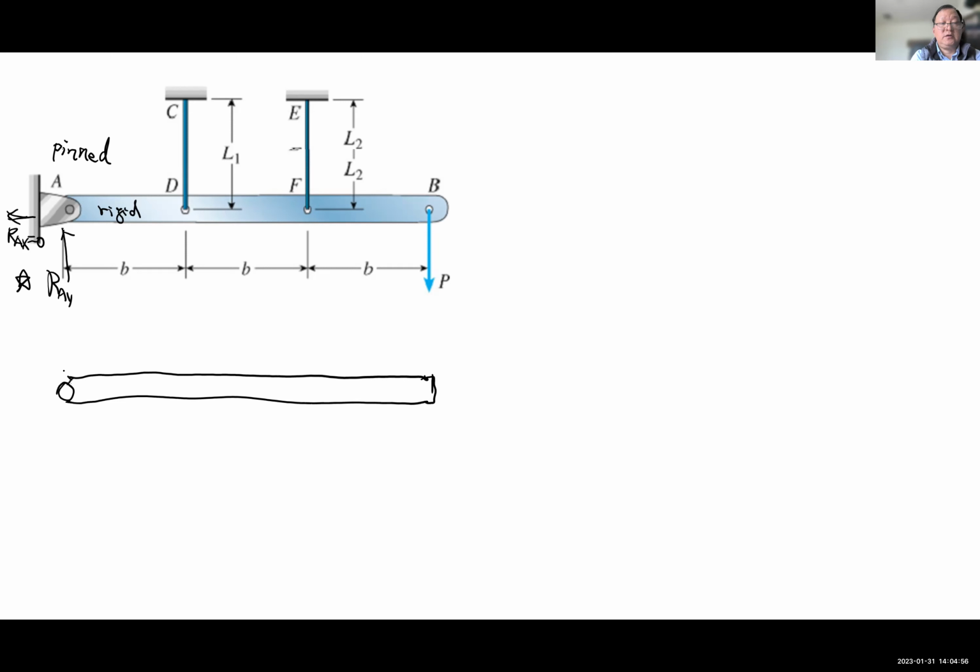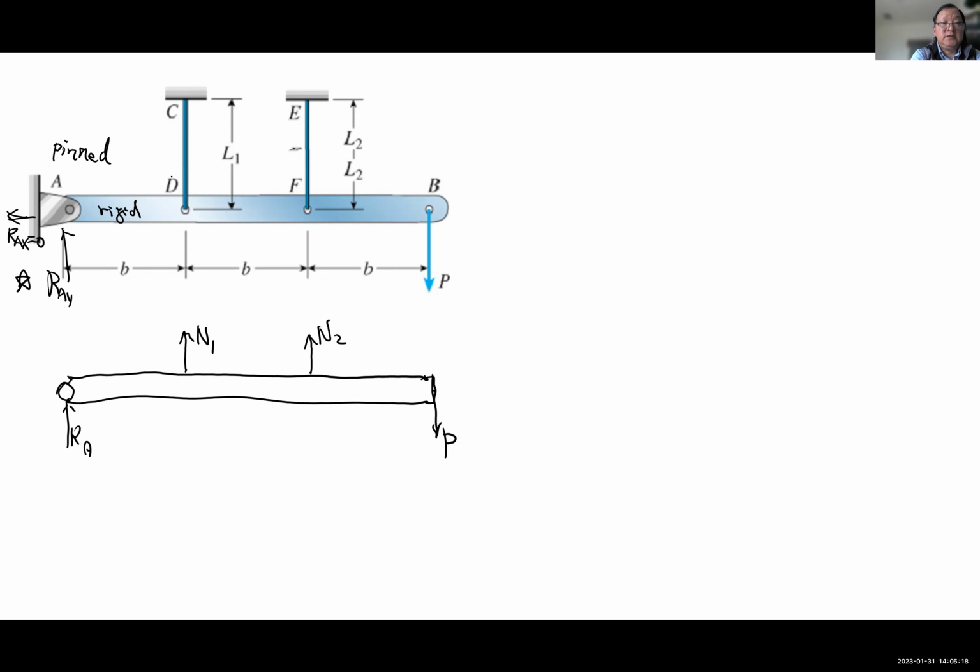So I draw a circle here, just to remind you. What you have will be reaction force RAY. Now this cable CD is going to stretch, here is N1. Then the cable EF is going to stretch, so you have N2 here. And the load is here, P.